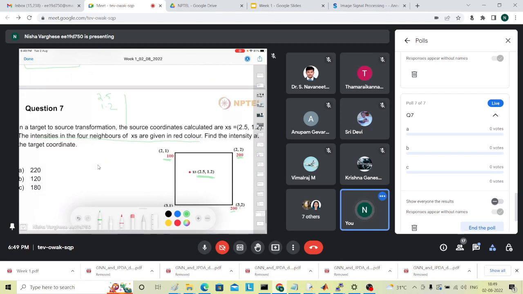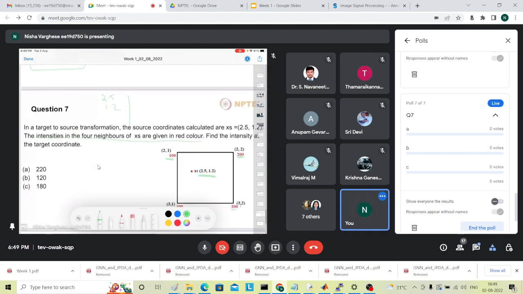Okay, so the source position is 2.5, 1.2. You have to find the intensity at the target coordinate, IT.